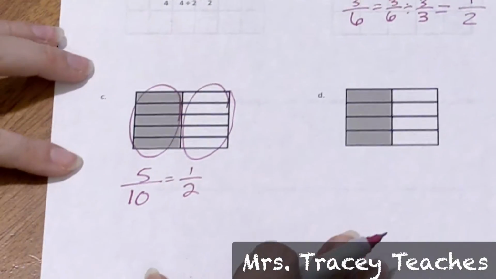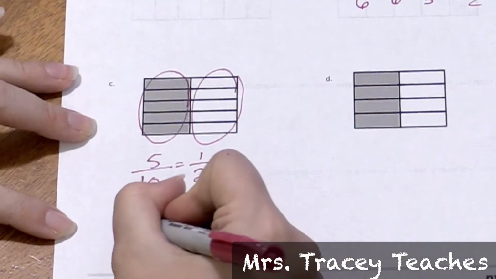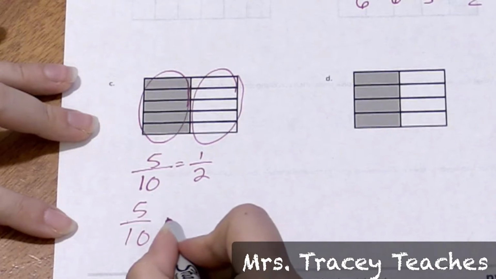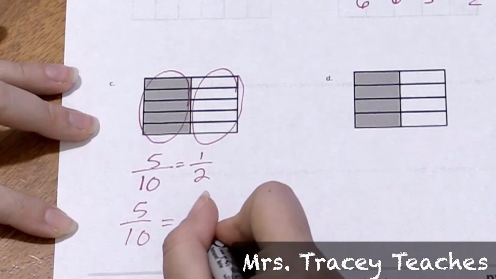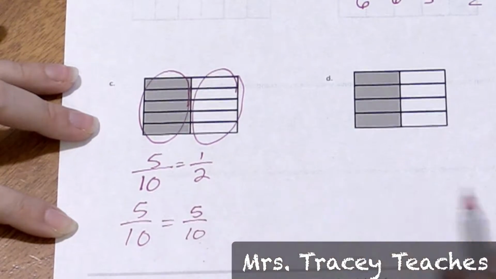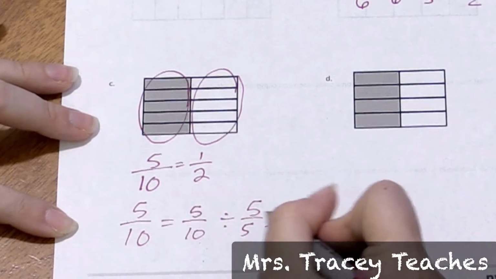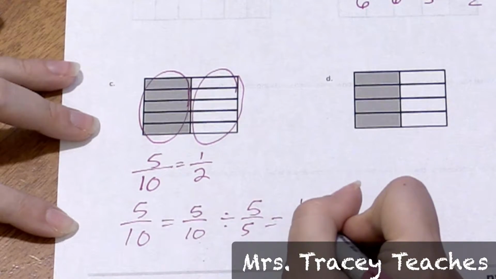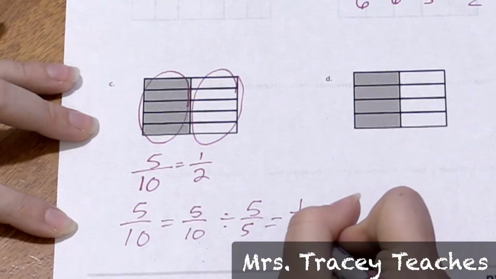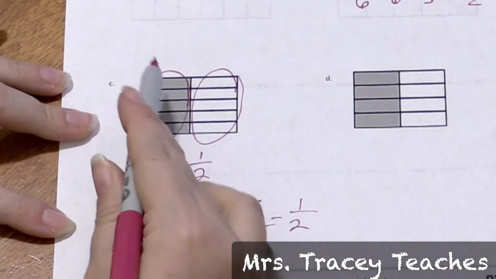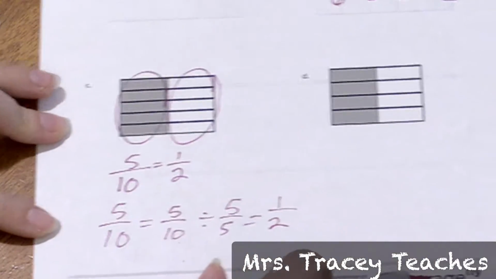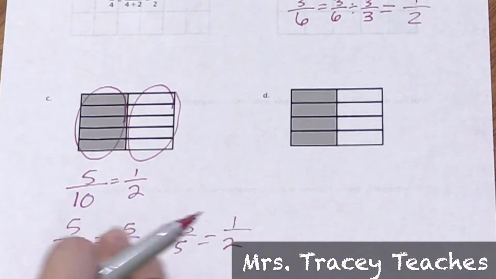And I can show that by dividing 5/10 equals 5/10 divided by 5/5. So 5 divided by 5 is 1. 10 divided by 5 is 2. So 1/2 equals 1/2. Try this last one on your own, but we'll do some other problems on the back.